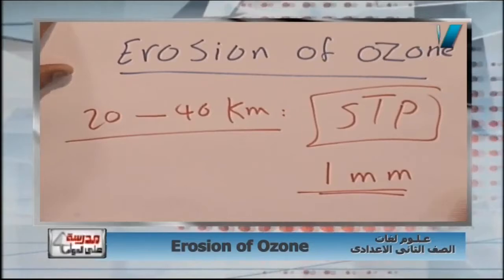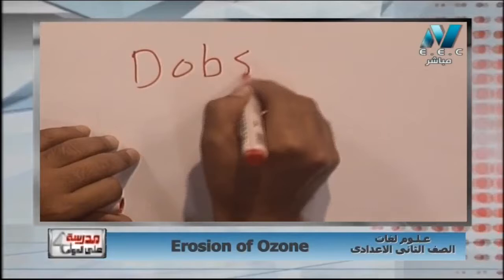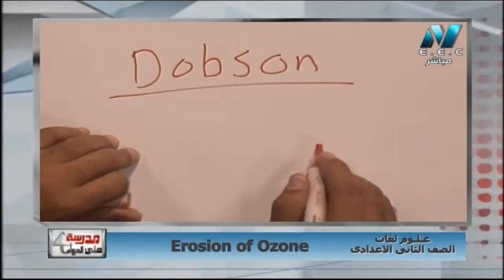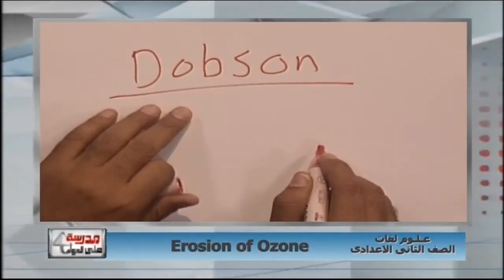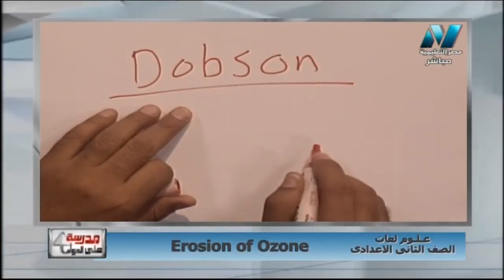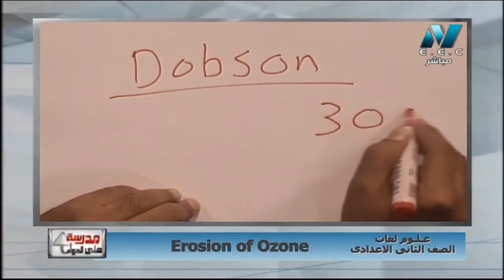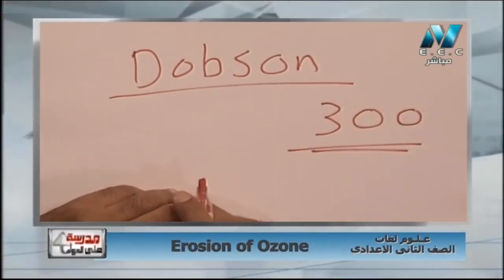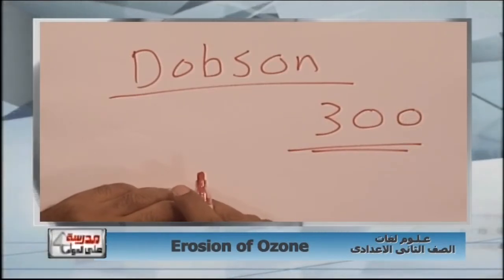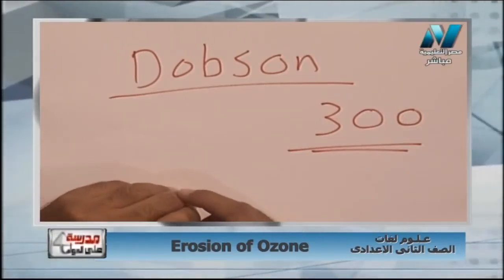But Dobson was the scientist who divided this 1 millimeter thickness of ozone into 300 degree. 300 degree, to measure the thickness of ozone.